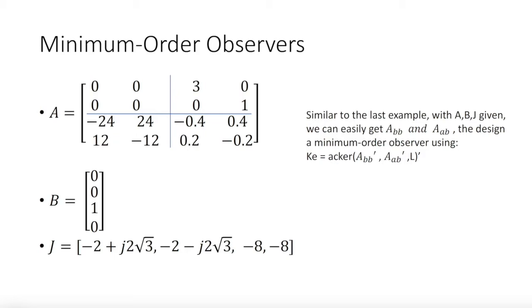Here is another example with a 4 by 4 matrix. This system can be decomposed into four 2 by 2 matrices. For each of them, the corresponding feedback gain will be computed.